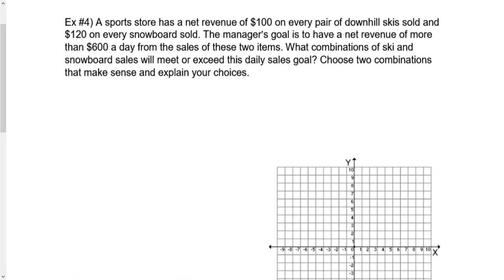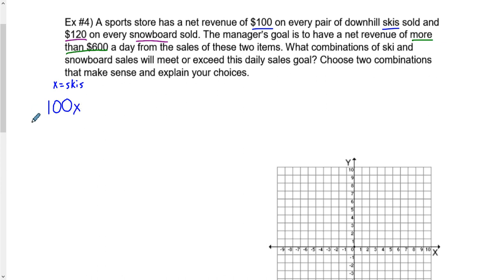So let's get into it. We're going to make an equation for it. So it's saying that revenue is at least $100 for skis and $120 for snowboards. The goal, though, that they want is to have more than $600 a day. So if we're going to put this into an equation, every single ski will say, X for skis.